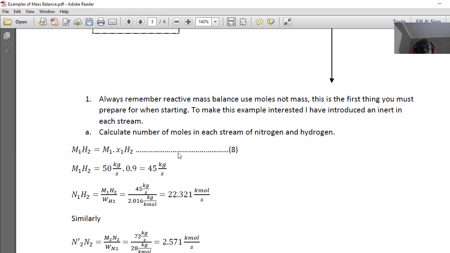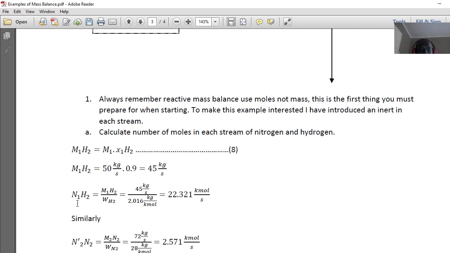To do that, you first calculate how much hydrogen you actually have in stream 1. M1H2, the hydrogen in stream 1, is equal to M1 multiplied by the composition of hydrogen in stream 1, which is 50 kg per second multiplied by 0.9, giving 45 kg per second.